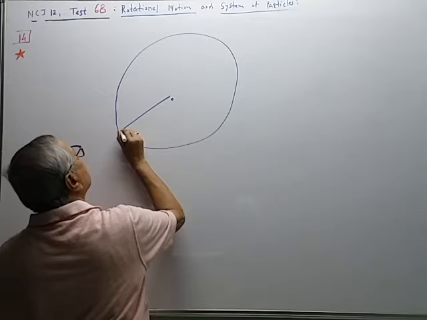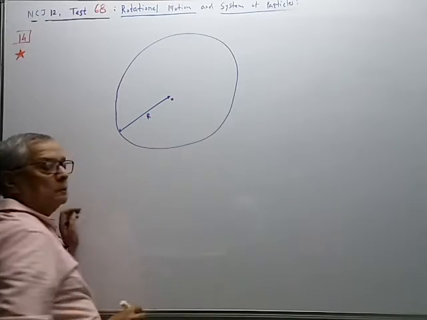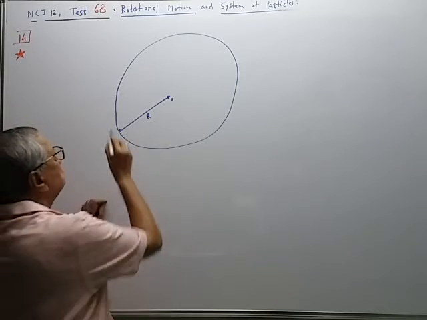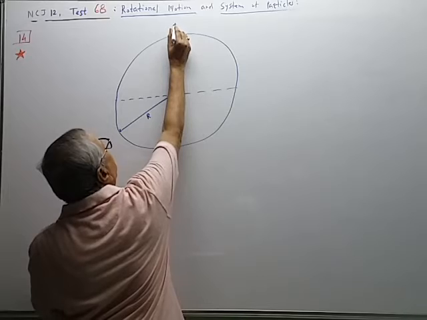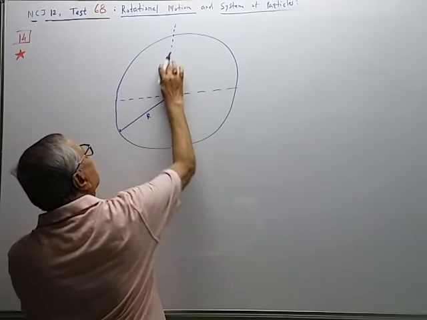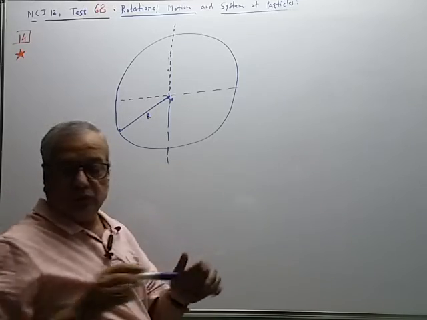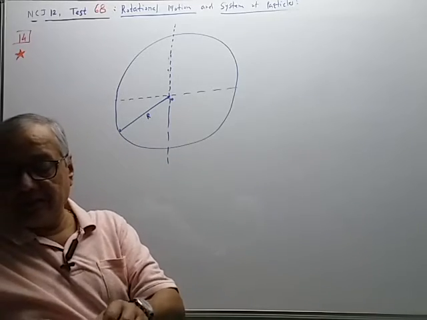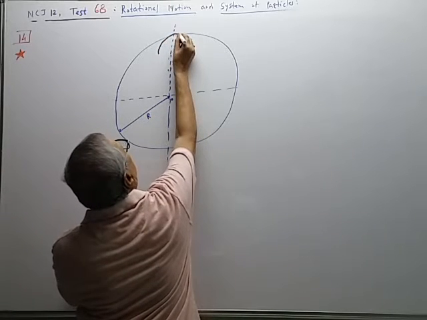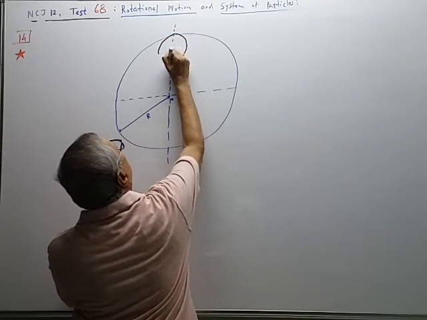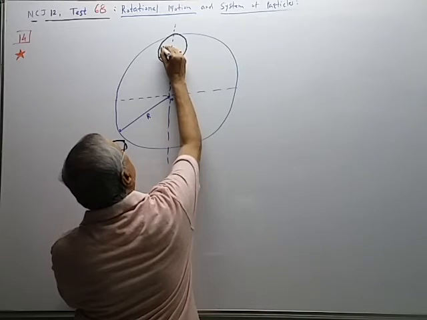This radius is R. These axes are shown like this. So the removed disc is here, whose radius is R by 3.